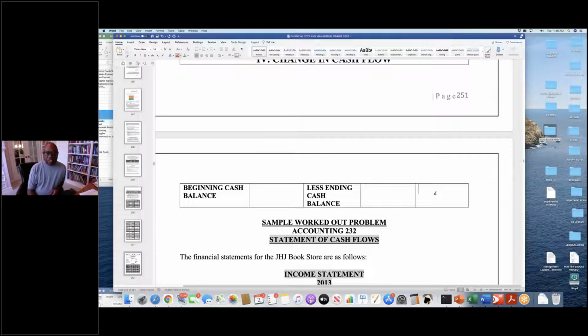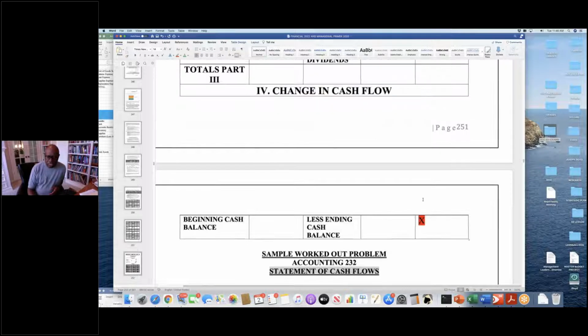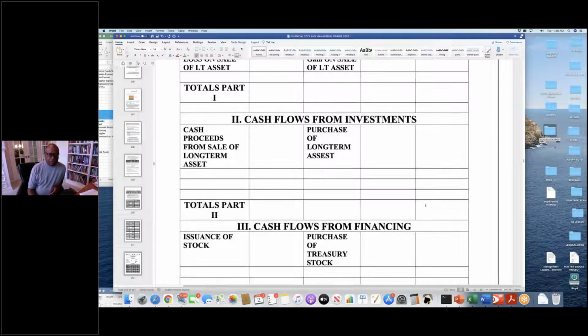The first thing you're going to do when you do a cash flow statement is to calculate the change in cash, okay? That's the first thing you're going to do. You're going to look at the financial statements and you're going to calculate the change in cash. So you got one thing done on the cash flow statement.